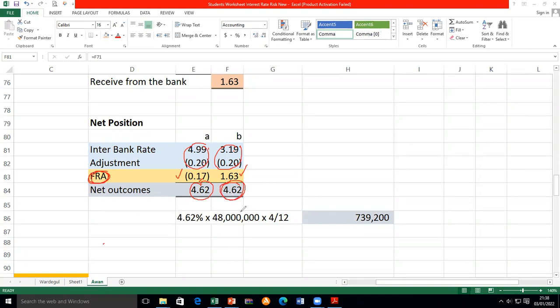If the question says give the answer in terms of an absolute amount, you say 4.62 multiplied by the 48 million, multiplied by 4/12, because we are depositing for 4 months. And that gives you that figure.